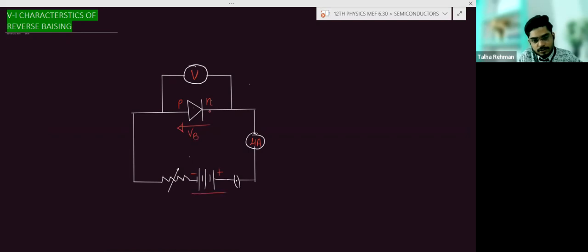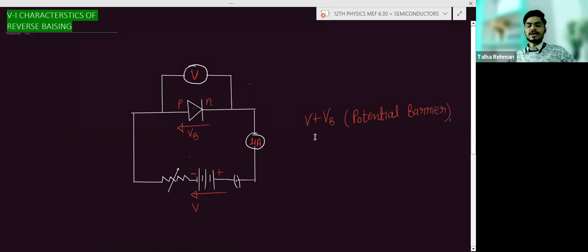And here the applied voltage will also be in this direction, so they both will add up. So the potential barrier will increase, and when the potential barrier increases, the current will decrease.